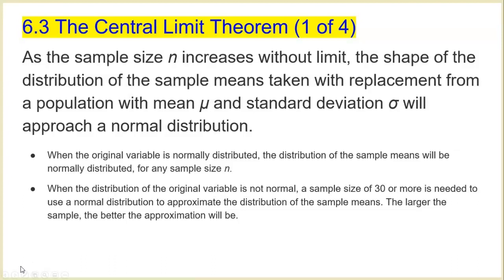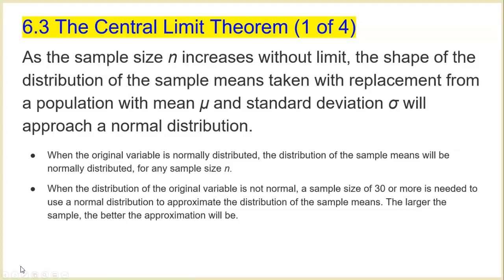So as the sample size tends to get larger, then the shape of the distribution of sample means for the sampling distribution tends to approach a normal distribution. So there's two cases we have to consider. The first case, if the original population is already normal or considered normal, then the distribution of sample means will automatically be normal regardless of the sample size.